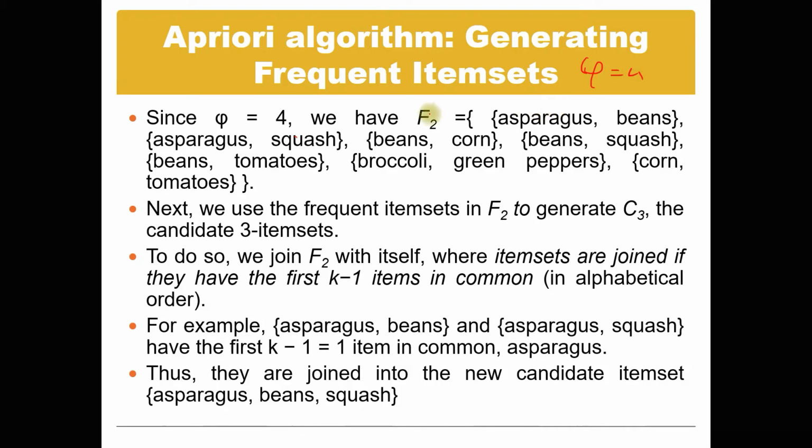All right. All these will be at least appearing 4 times, obviously. And they are frequent item sets. They are frequent two item sets. So those rules that we are going to have later on, if I buy asparagus then buy bean, they will have at least a support of 25% that I mentioned to you earlier.